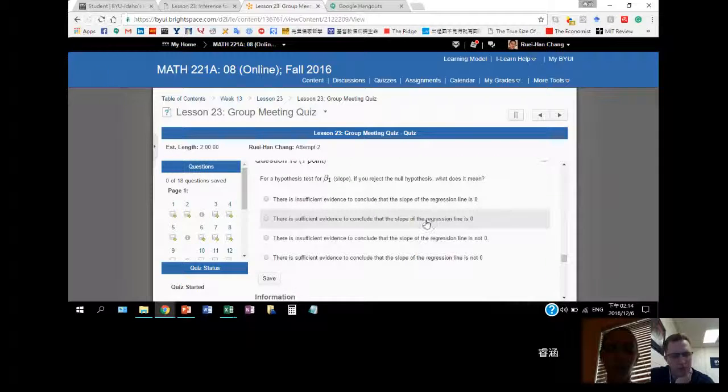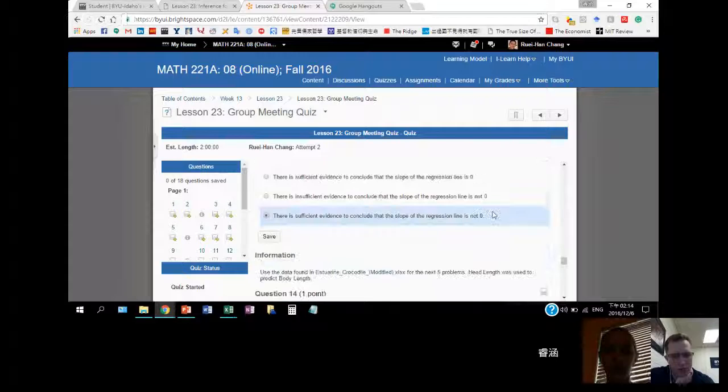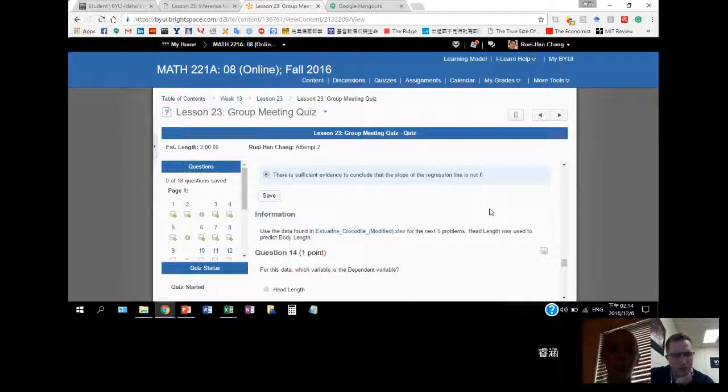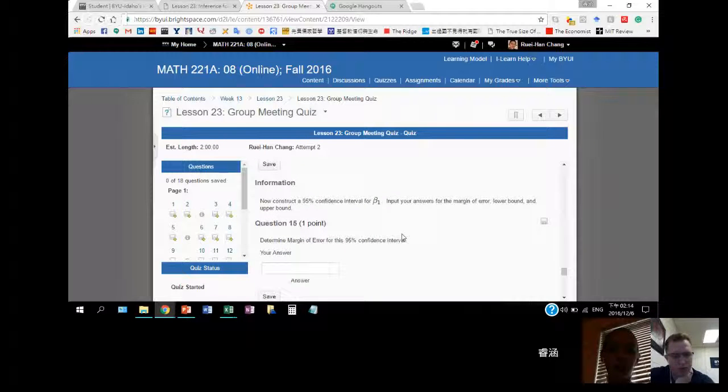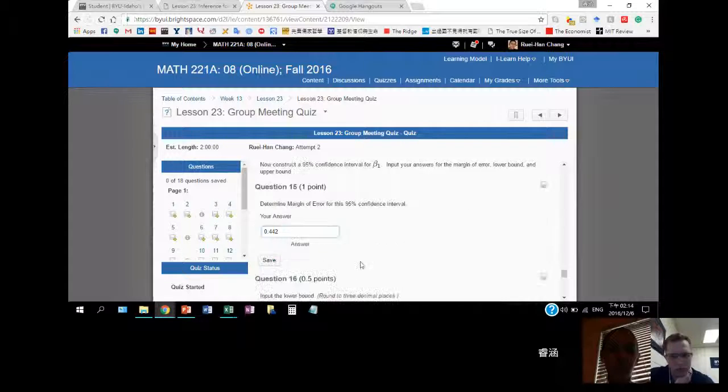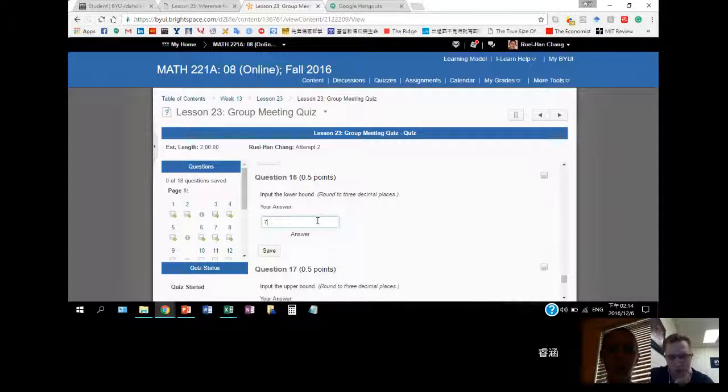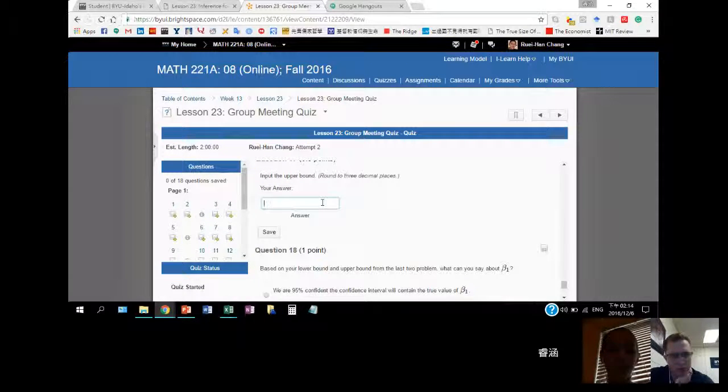Question 13 is the fourth one, there's sufficient evidence that the slope of the regression line is not 0. 14 is the second one, body length. 15 is 0.442. 16 is 7.218. 17 is 8.103. And 18 is the first one.